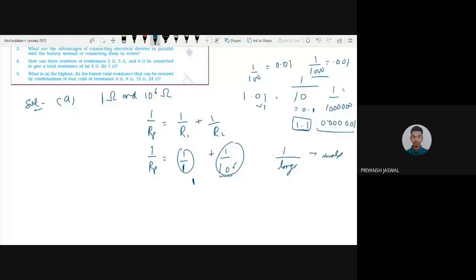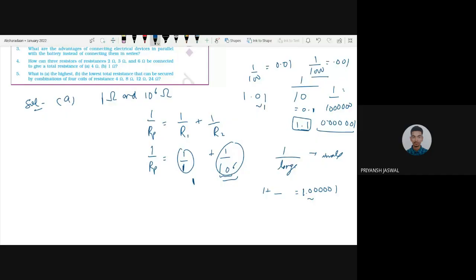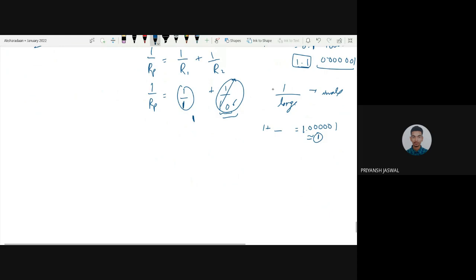So 1 plus this thing becomes 1.000001, which is more or less same as 1. So the large resistance gets neglected if the other resistance is very small as compared to the large resistance. So this goes to 0, or we can simply say that 1 plus this small value will be again 1.